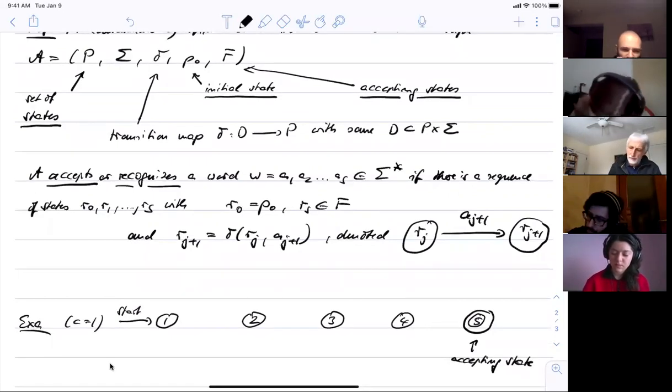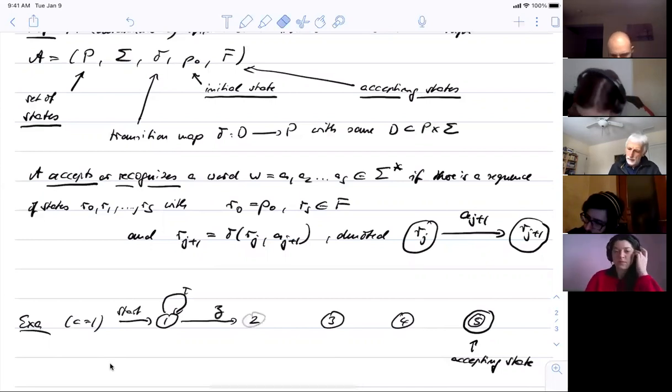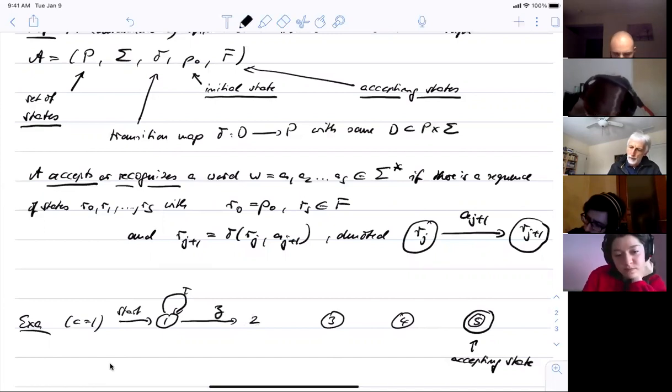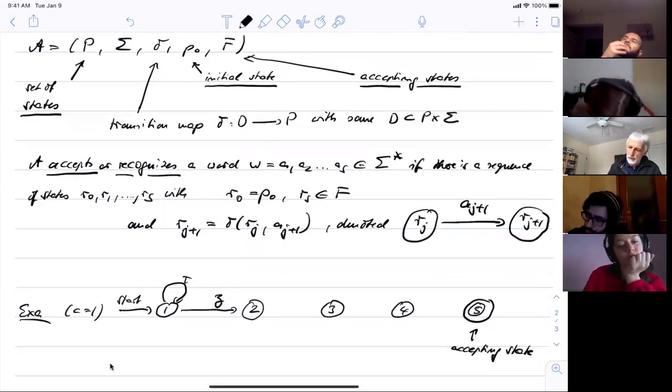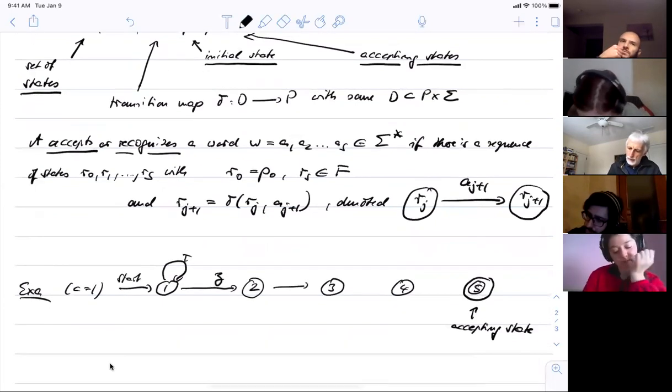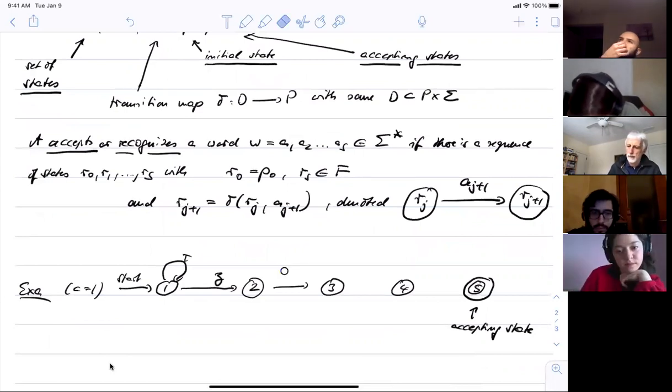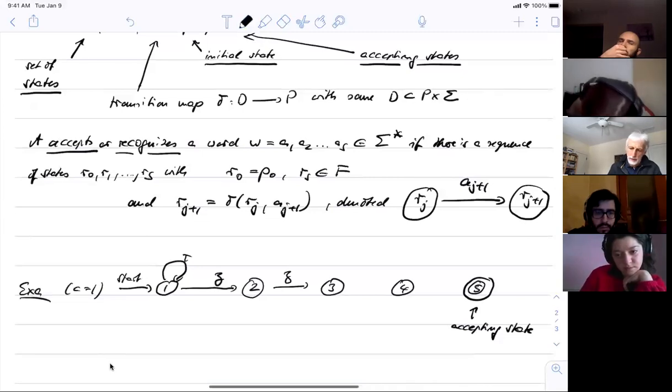And so if I complete this, I can go from state 1 to state 1 by appending tau, and then from 1 to 2 by appending sigma, from 2 to 3 again by appending another sigma.